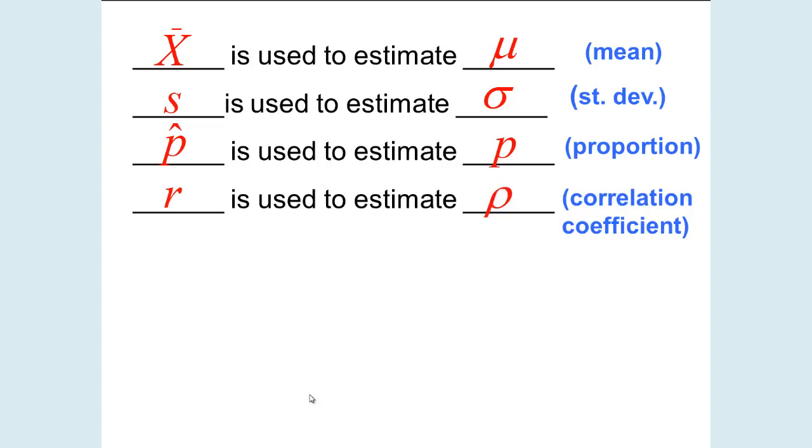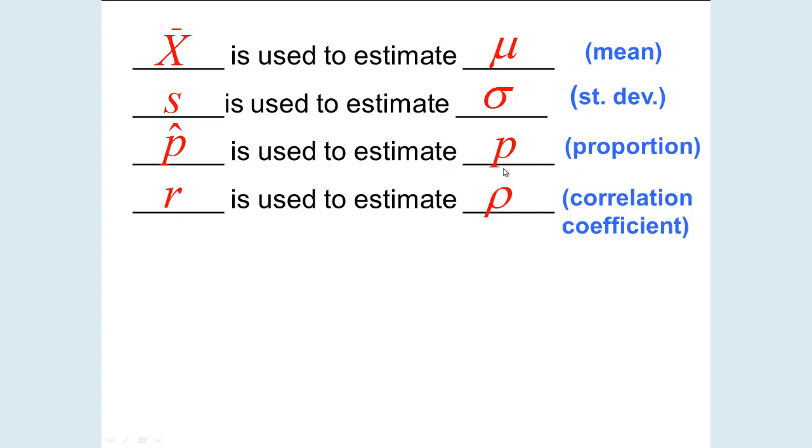This is not a p, this is the Greek letter rho. It looks sort of like a p, but it's the Greek letter rho. Notice that for the population, we're dealing with the Greek letters, and over here, we're dealing with the normal letters, except maybe in proportion.